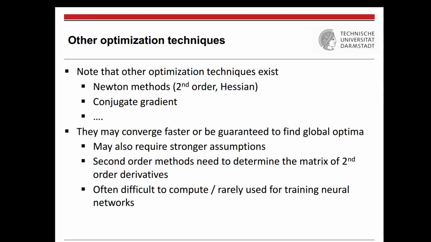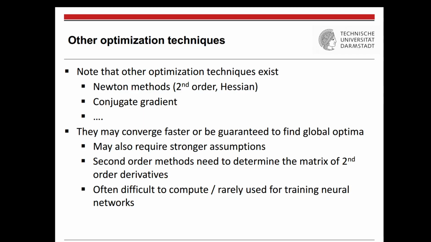So while Newton's method may be better and it may converge faster in fewer iterations to the correct solution, it has these immense drawbacks. Conjugate gradient is a technique that works for linear systems, while neural networks are nonlinear systems, and there may still be other approaches out there that can be used for optimization.